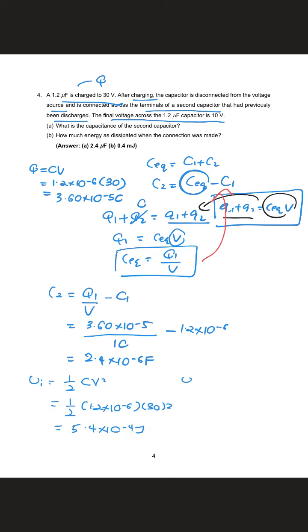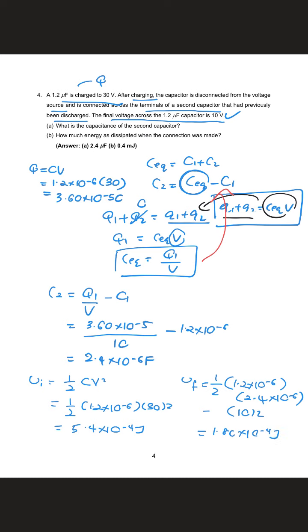Then you find the final energy, which is after they are connected with the discharged one. The discharged one now shares some charge, so you use 1 over 2 times the C equivalent, which is 1.2 × 10^-6 plus 2.4 × 10^-6, multiplied by V, which is 10 volt, squared. You get 1.80 × 10^-4 joule.